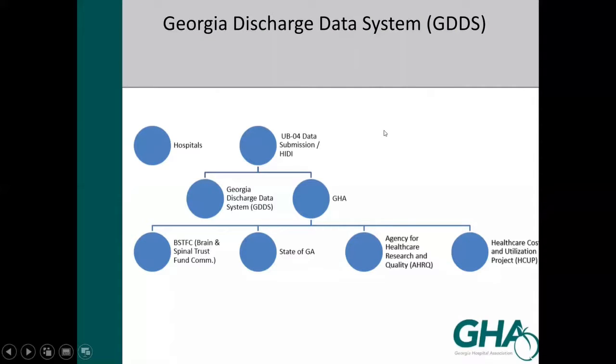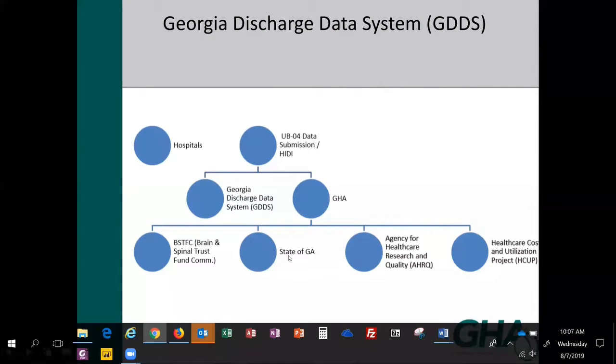I like to do this. I know it's repetitive, but again, we are constantly adding new users, new employees at hospitals that are just learning about the data program here at GHA, and so I like to at least give this quick overview. The Georgia Discharge Data System is a state-mandated submission that hospitals in the state of Georgia must submit their data to the Department of Community and Public Health, and we are the vendor for that data.